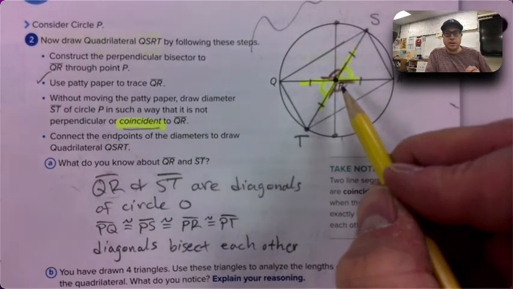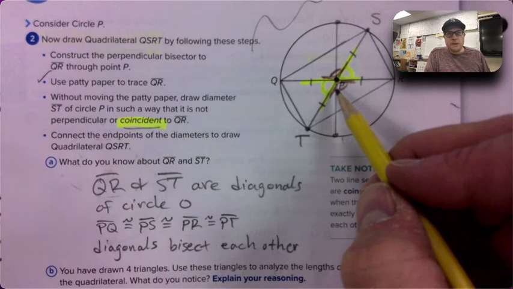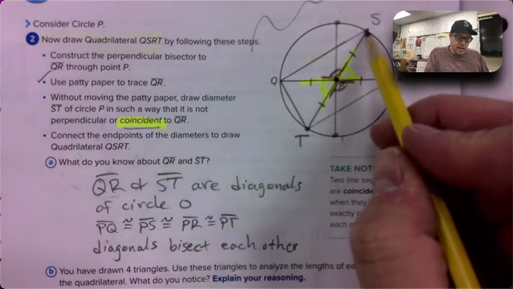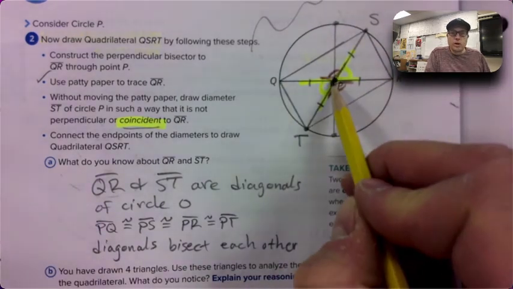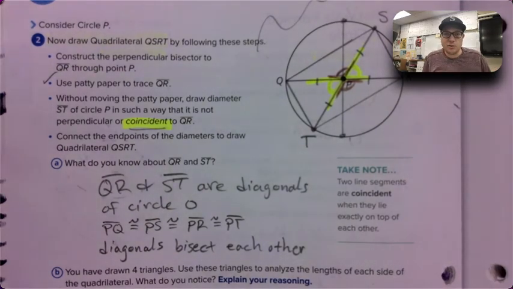P is exactly the middle of the rectangle. You can do this for parallelograms, for squares, maybe for isosceles trapezoids, but not for regular trapezoids or kites, rhombuses, rhombi, I mean. You can put the diagonals, and where they cross is exactly the middle. That's how you know you have a rectangle, a parallelogram styled rectangle.